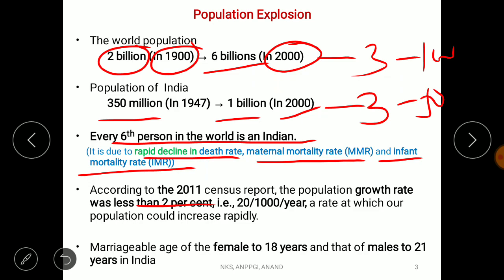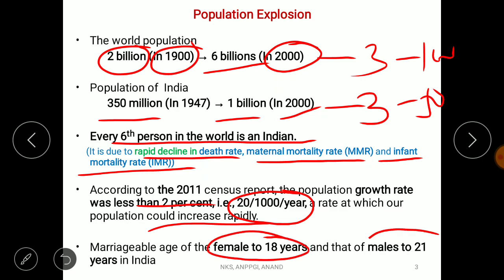It means the addition of 20 individuals in a population of 1000 per year, and this rate is considered to be increasing rapidly. The marriageable age in India is approximately 18 years for females and 21 years for males.